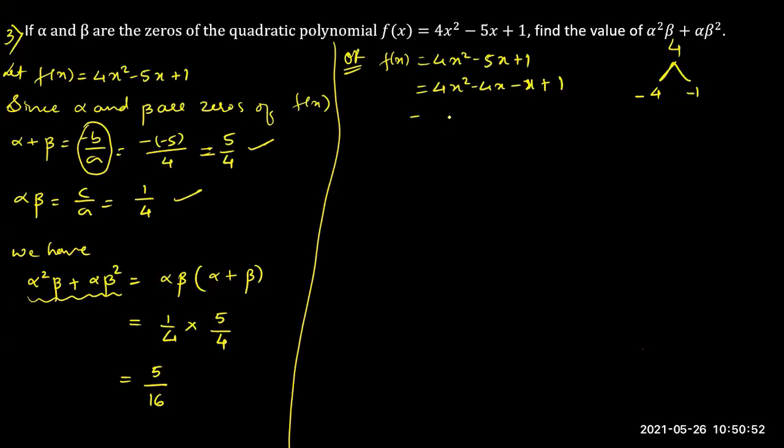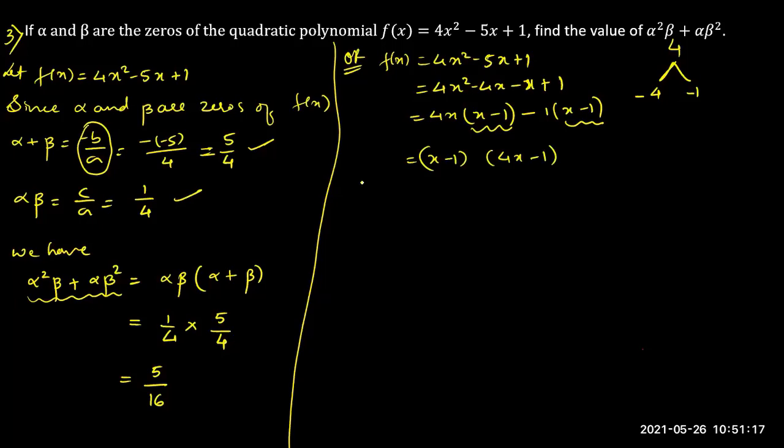The common is 4x, x minus 1. And minus 1 is common, x minus 1. So x minus 1 is common, and inside 4x minus 1. So this is f of x.